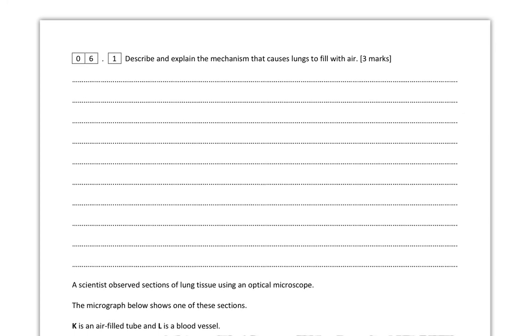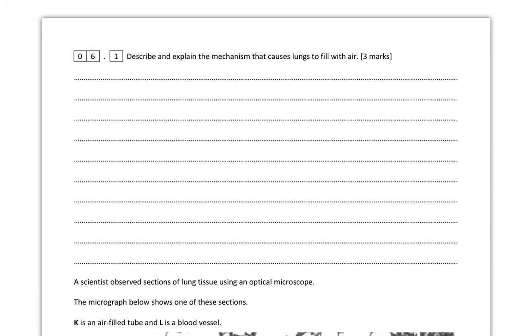6.1. The mechanism that causes lungs to fill with air. Right, so I need to raise my rib cage and lower my diaphragm. So I need to get this the right way around. I need to know it's the external intercostals.